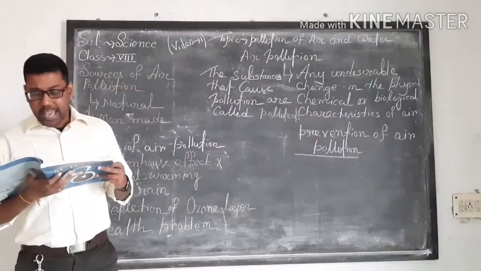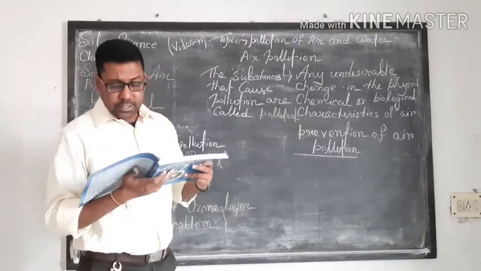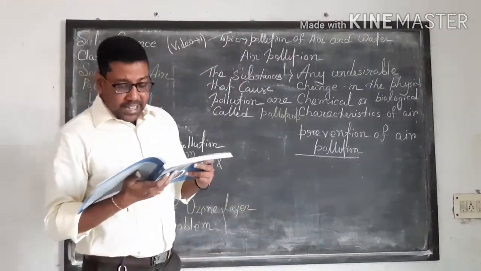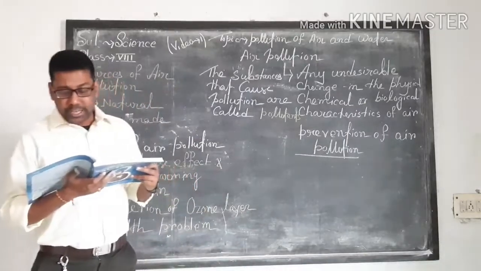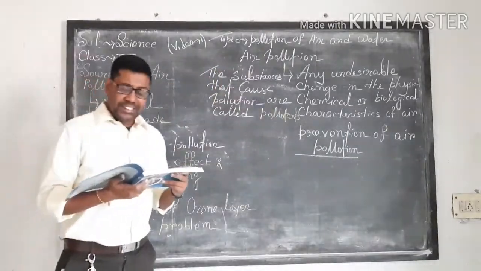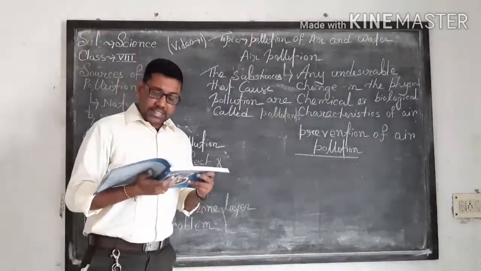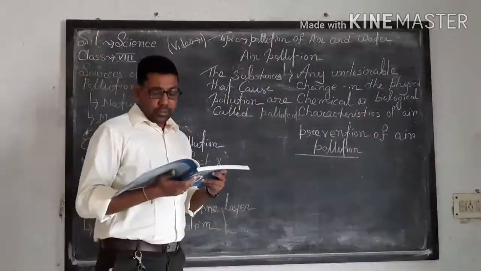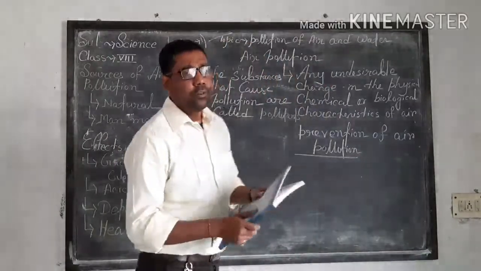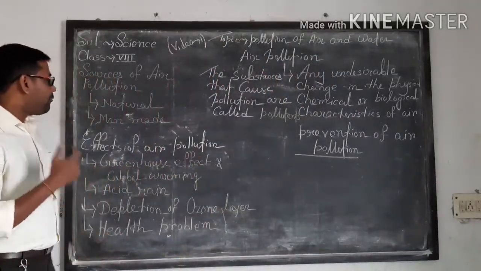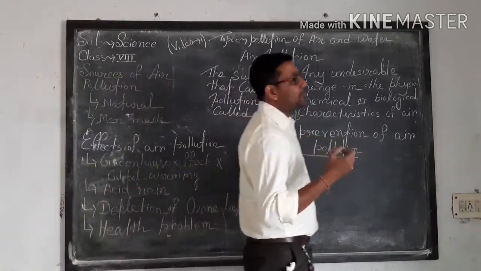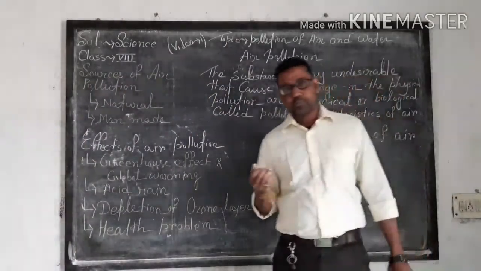Global warming has become a major concern worldwide, and countries are signing agreements to reduce the emission of greenhouse gases. One such agreement is called the Kyoto Protocol. So the greenhouse effect and global warming are very important topics from your exam point of view.